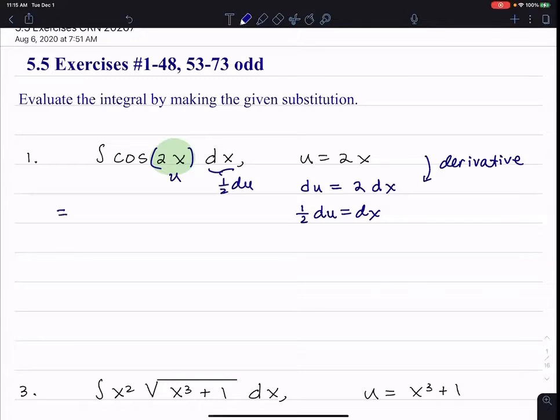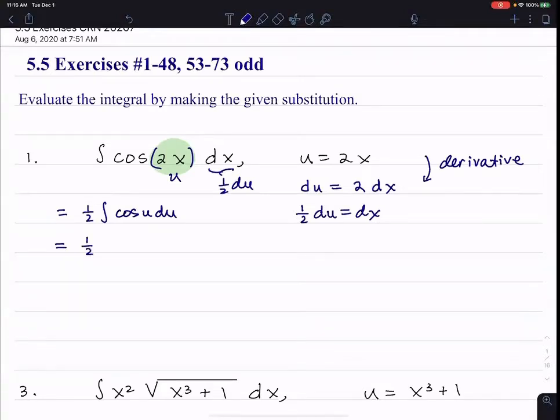So let's bring the 1/2 all the way outside of the integral, and then I'll have cosine u du. And the idea that's so nice about this substitution method is that I can now only focus on the outside function. So there's a composition of y equals cosine u and u equals 2x. But I'm only going to integrate at this point the cosine u.